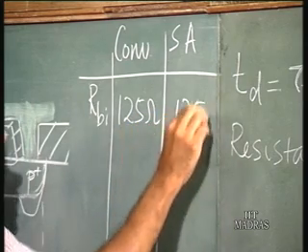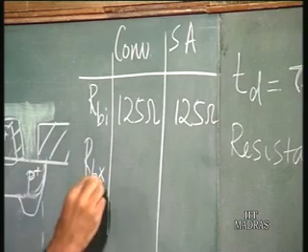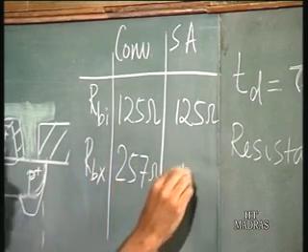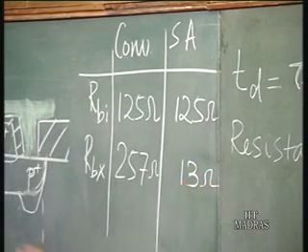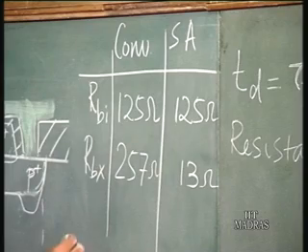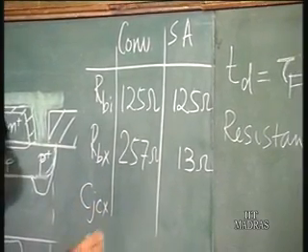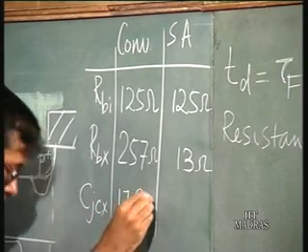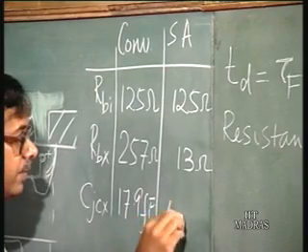Then RBX, say 257 ohms, can be as low as 13 ohms. This has been published for a particular process, I am just giving you the results. The other interesting thing is CJCX. It is 17.9 femtofarad, and this goes down to 4.5 femtofarad.